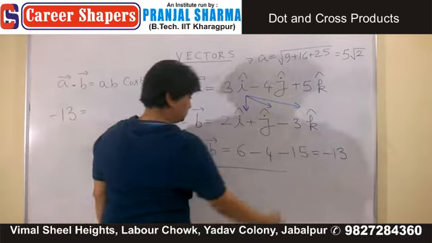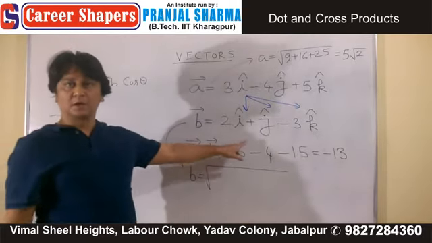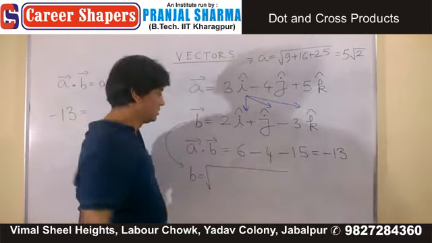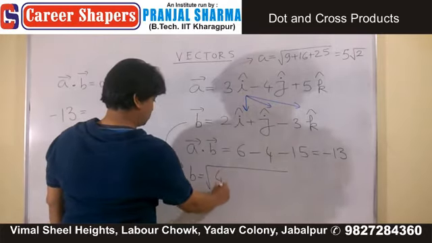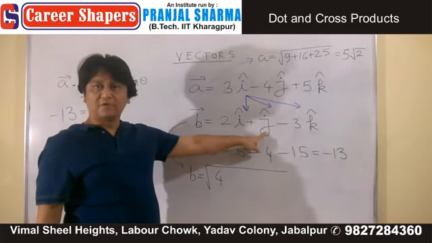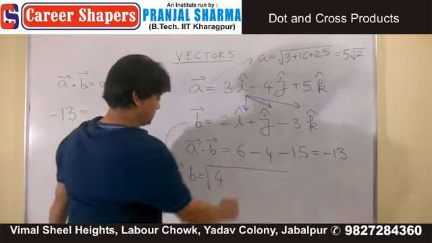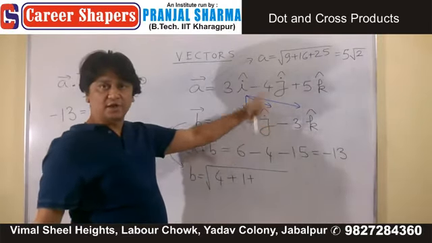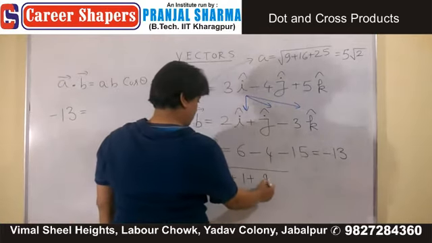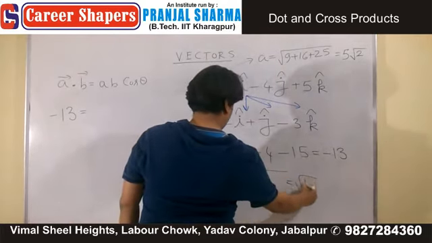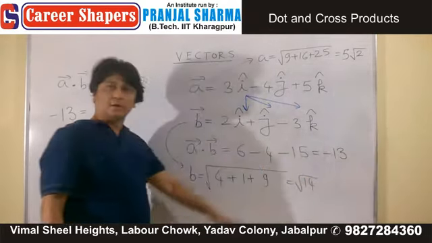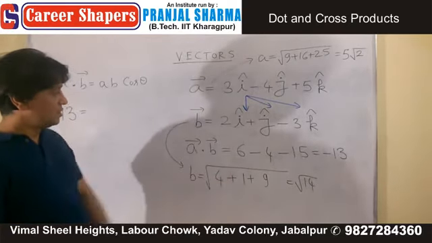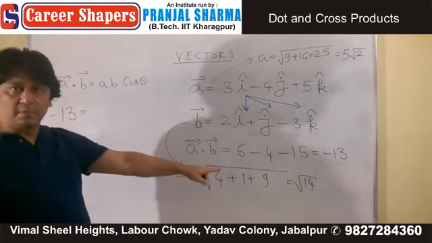Root over, same thing, square, square, square. This is 4. Coefficient of j is 1. Minus 3, square is what? 9. This is coming root over 14. 10 plus 4, 14. So you got A, you got B.